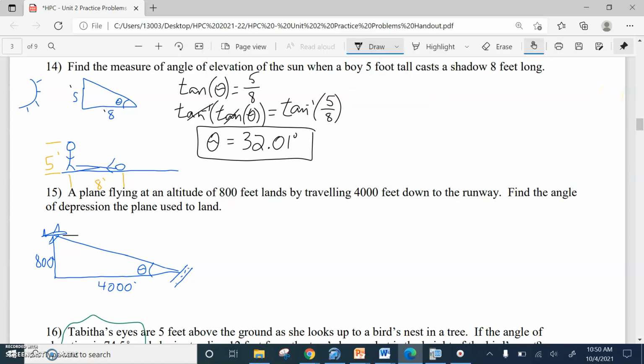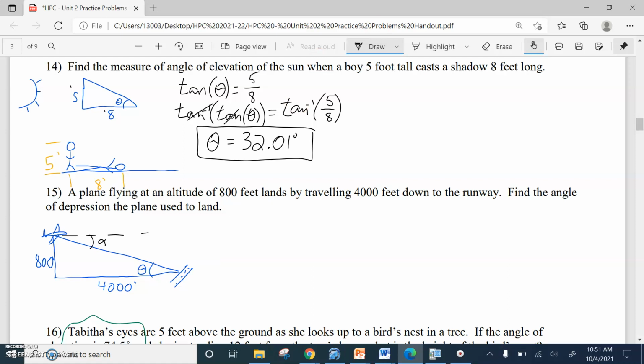What that's looking for, essentially, is this angle right here, the angle of depression. But from the very beginning of this unit, we know the angle of depression, up here, is going to be equal to the alternate interior angle, theta, of our triangle.